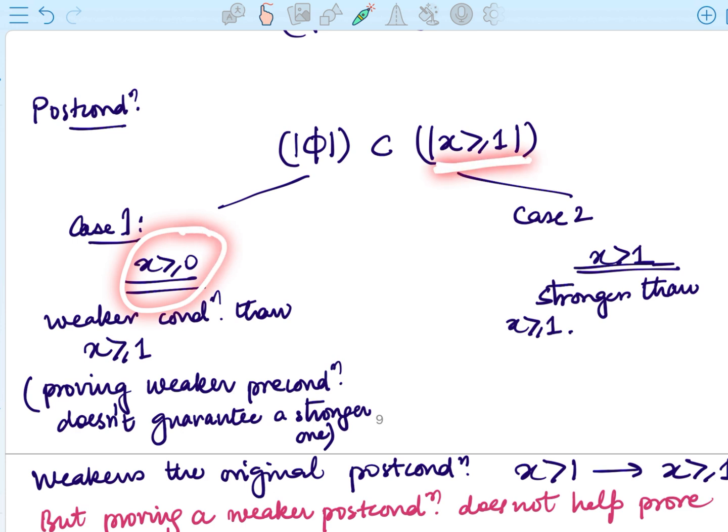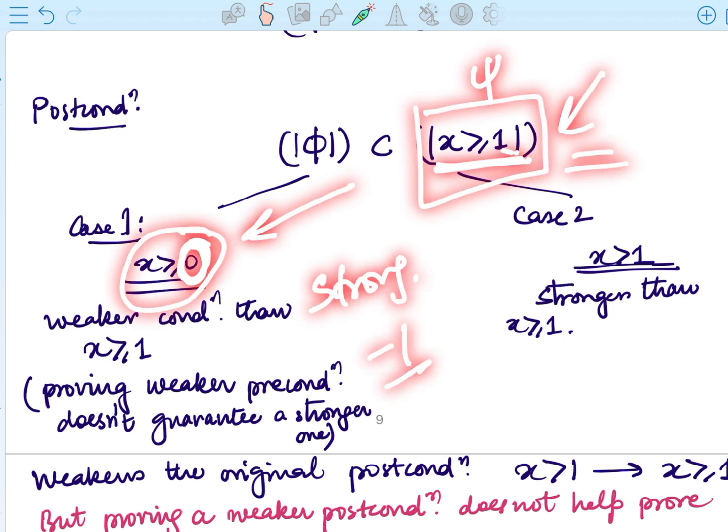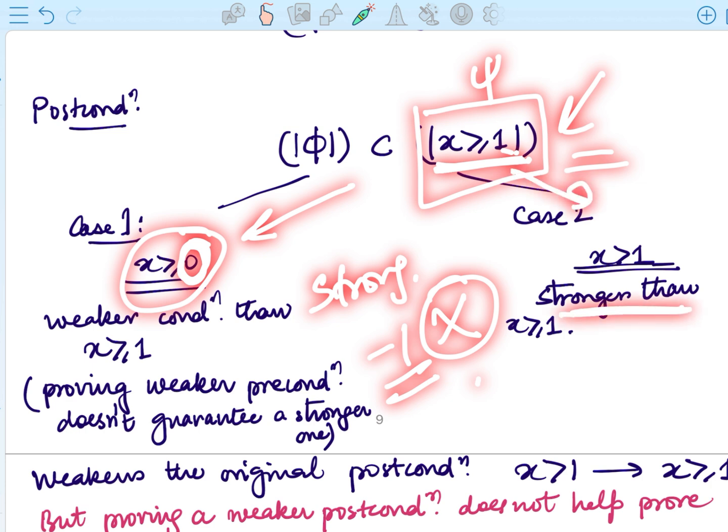If you're talking about a postcondition, we have to be strict with it. We cannot take a weaker postcondition because it will introduce one more state and this is not strong enough to prove, right? So if one extra value comes in, we are just not able to satisfy the program. Hence, we are taking the stronger postcondition. So x is greater than or equal to 1 is stronger.